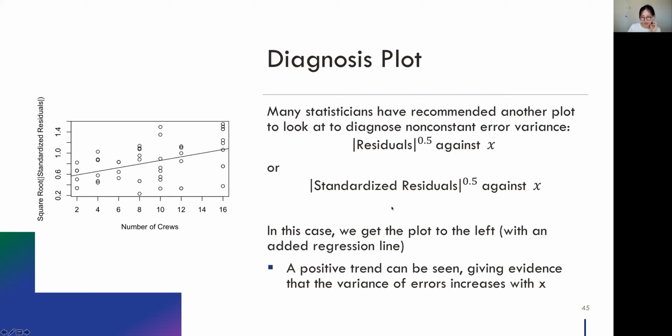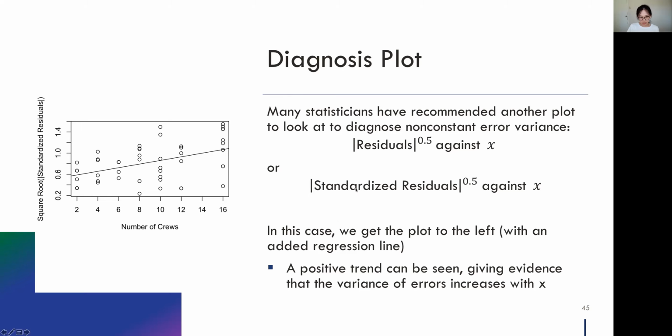We also talked about how, if we look at residuals directly, it has a problem: the variance of the residual is actually non-constant, because it's related to the leverage of the data points, if you recall.